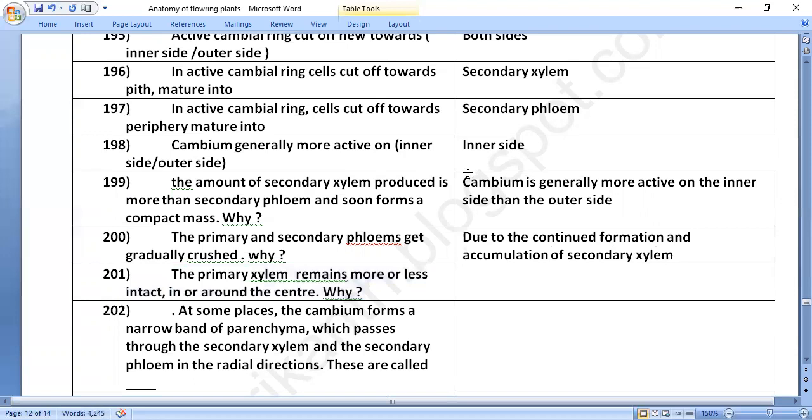The primary xylem remains more or less intact in or around the center, due to the continued formation and accumulation of secondary xylem.